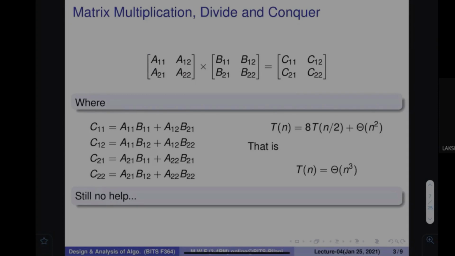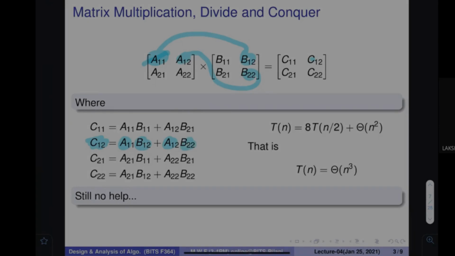C12 is A11 multiplied by B12 plus A12 multiplied by B22. So this is how you can go ahead.